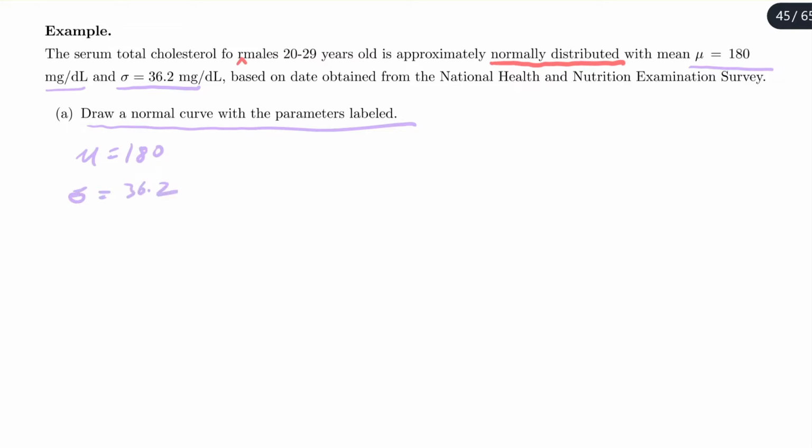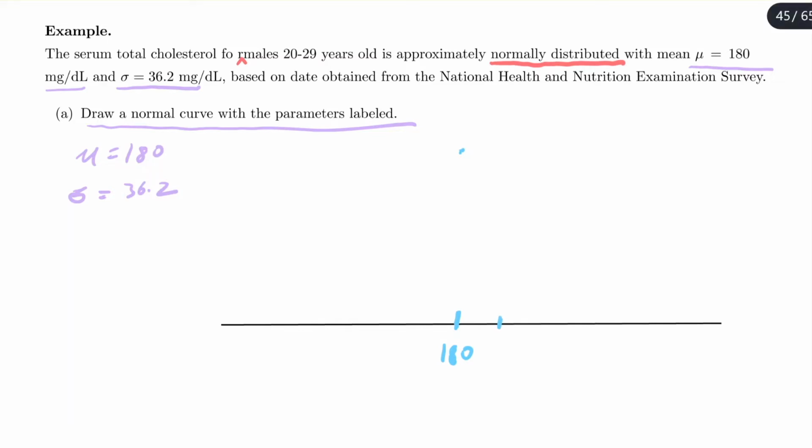So using this, because we know this is normally distributed, we can draw a graph. So here is the x-axis, and the mean is 180. It's the peak, and we have a bell shape. Before I draw a bell shape, let's actually mark the standard deviation.